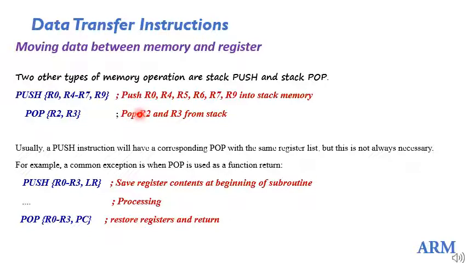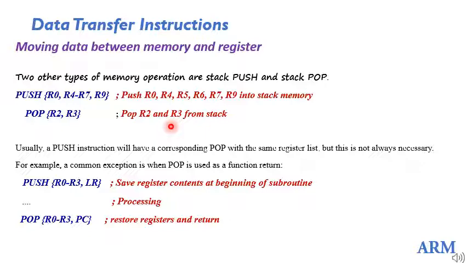The first in pop operation, whenever a pop instruction is executed, the data from the top of the stack, that is whichever memory location the stack pointer is pointing to, that will be the top of the stack. The content of that memory location will be popped to R2. The first data will be popped to R2, and then the stack pointer will be incremented by 4 to point to the next data in the stack.